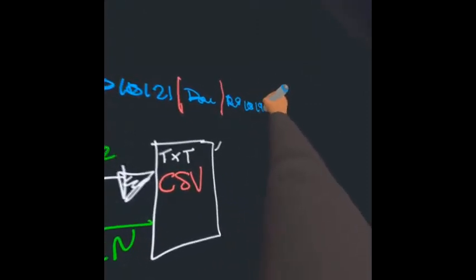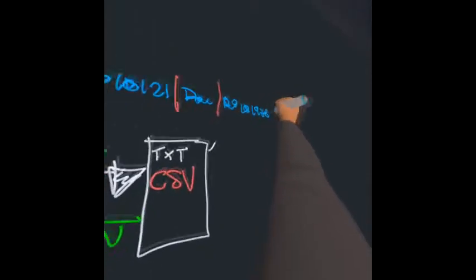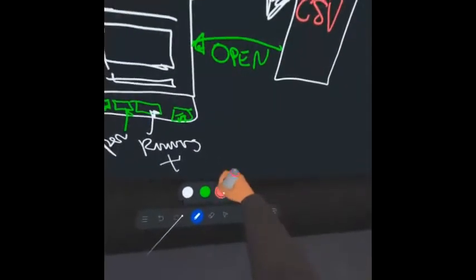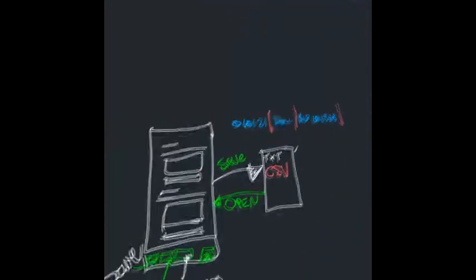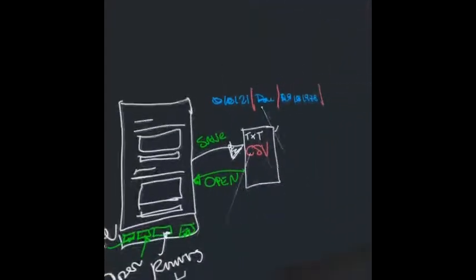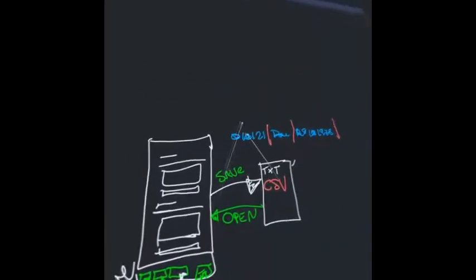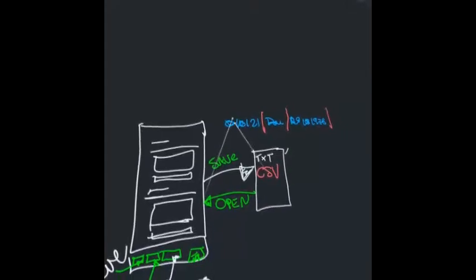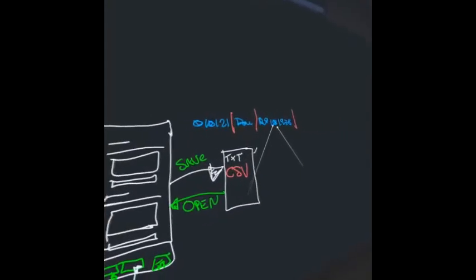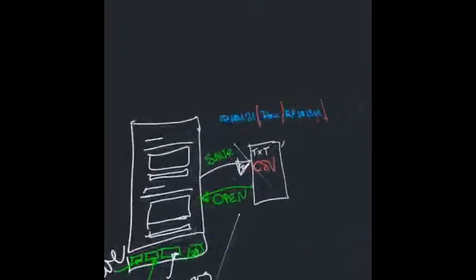I'm stretching. Then we have a pipe, and so on and so forth, and everything is just laid out like that. And then when we want to import it, or sorry, open it again, then the browser will look at each one of these things individually and put it into the list.